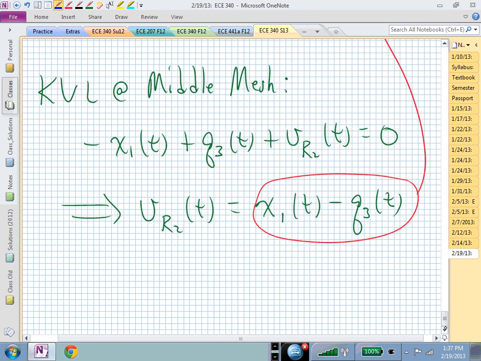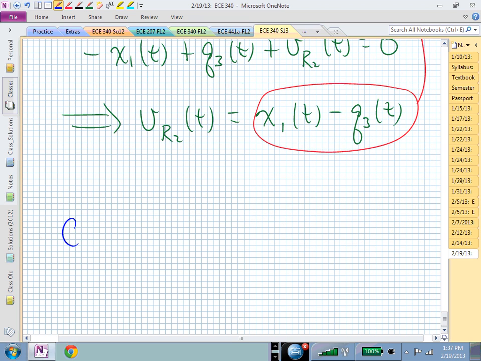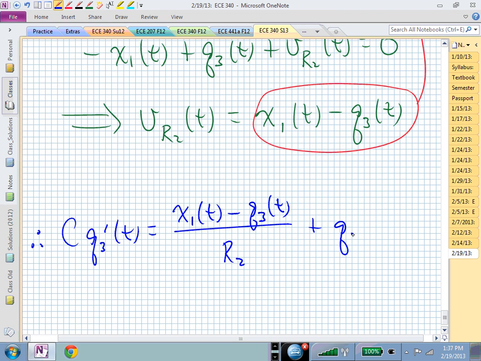We had the current through the capacitor, which was C q sub 3 prime, and that was equal to the current through R sub 2, which is now x sub 1 of t minus q sub 3 of t over R sub 2, and plus q sub 2 of t.